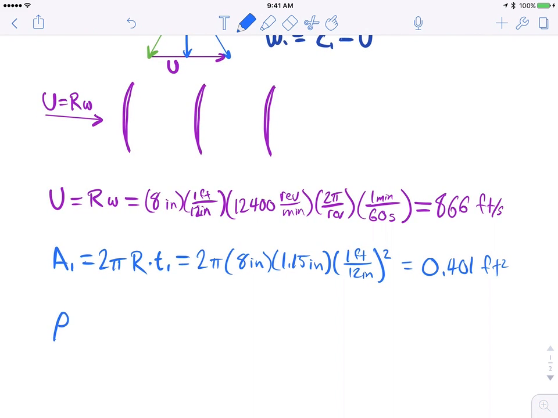And we can calculate our density using the ideal gas law for air. The density is equal to pressure over the ideal gas constant R, not to be confused with the radius above, times our temperature.